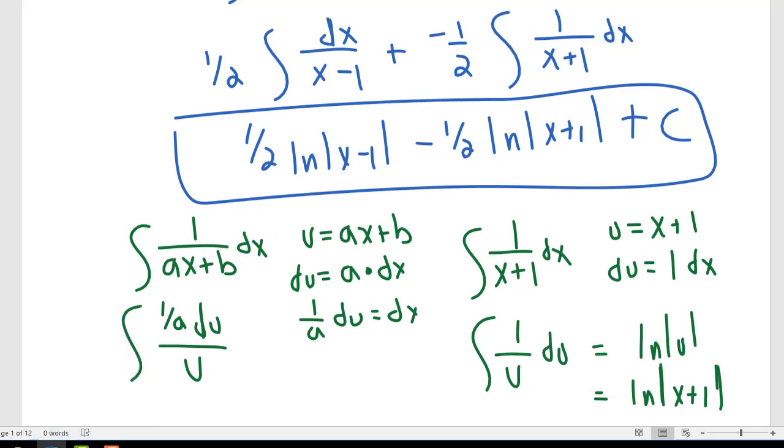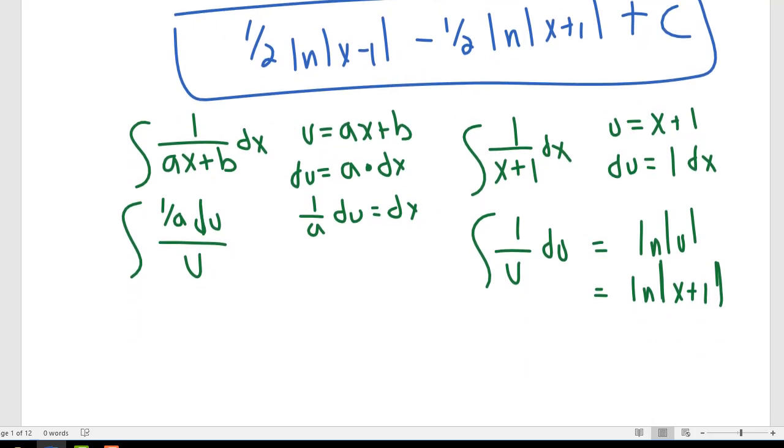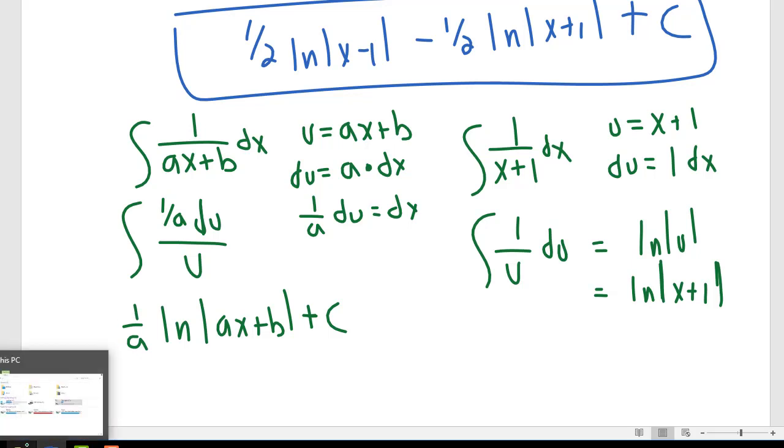What I just said was if I integrate 1 over a linear, it's the ln of the denominator, right? That's not technically true. So I'm going to have 1 over a come out of that integral, and then I'm going to have the ln of u. So technically, if the denominator is linear and the numerator is constant, then I have 1 over the x's coefficient that sits in front. All right, I just want to caution us there based on what I said a second ago.